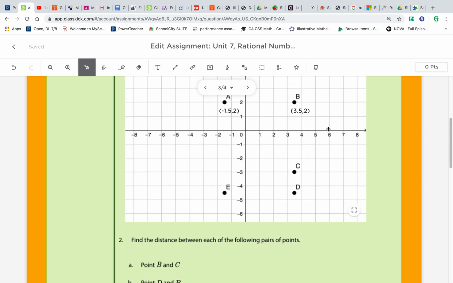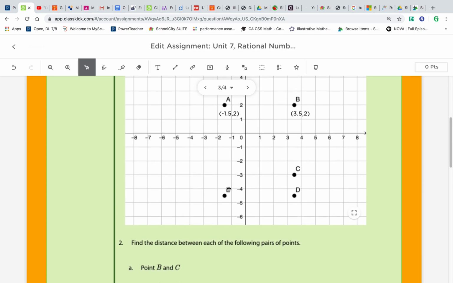All right, and then for point C, we're going to start at the origin again. We are going to go sideways, 1, 2, 3.5. So we're 3.5 again here, and then down to -1, -2, -3. So it's going to be 3.5, comma -3.